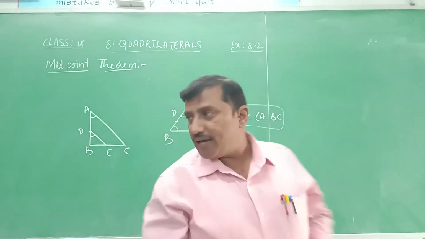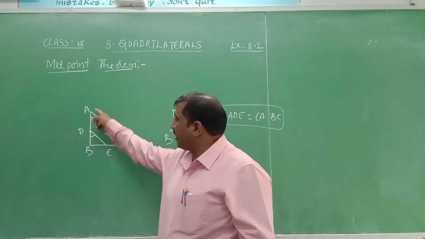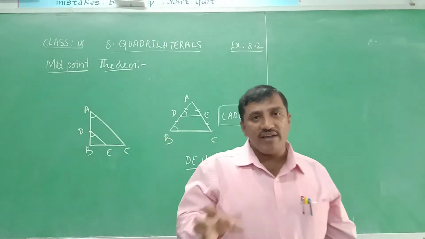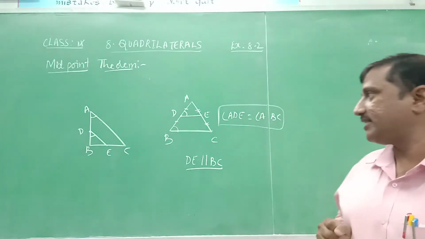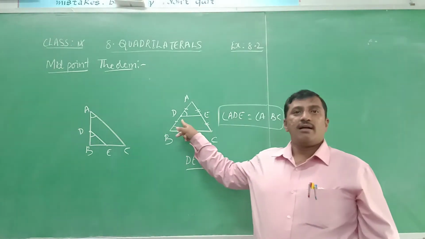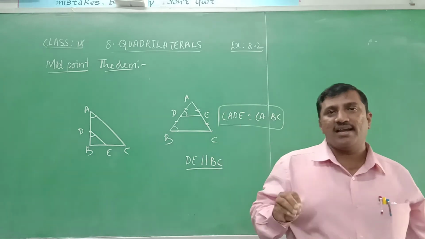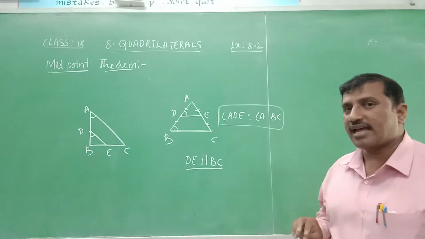Again they form a pair of corresponding angles for DE and AC, where AB is the transversal, and we can say DE is parallel to AC. That is, the line segment joined between two midpoints of any two sides of a triangle is parallel to the third side.